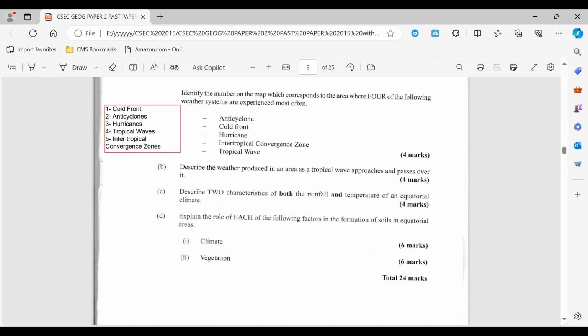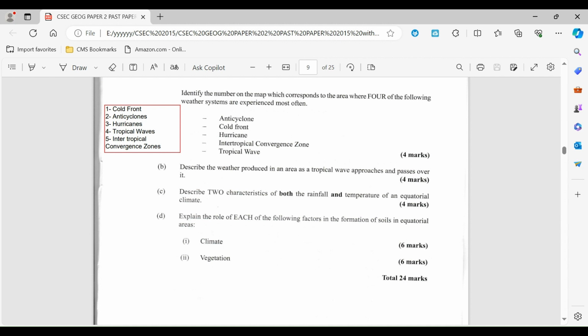So what vegetation does is, the vegetation is the plants above the soil. The plants above the soil produce the leaves to create the top layer known as the litter, right?